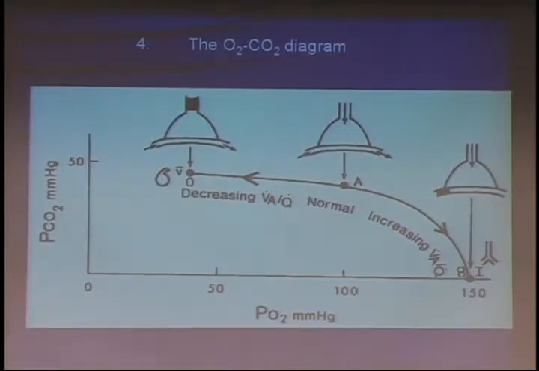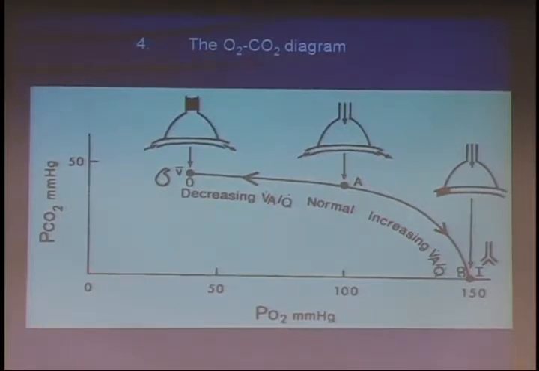Well, if the ratio of ventilation to perfusion is infinite, that is, you have ventilation going on but no blood flow, then this lung unit equilibrates with room air, and the PO2, sure enough, is 150, and the PCO2 is 0.